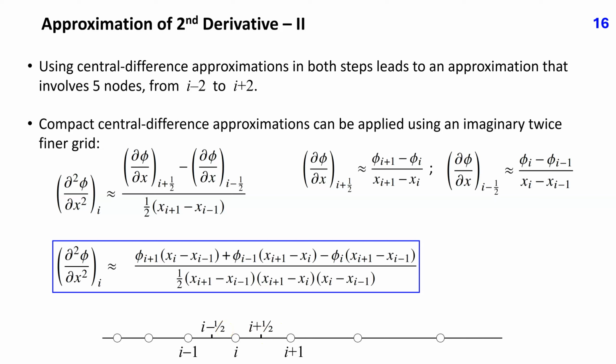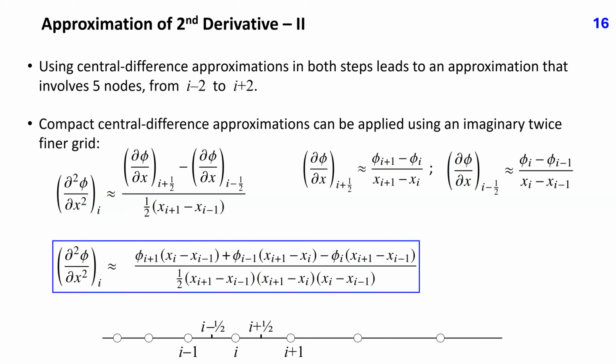In the first step, we build a central difference by using first derivatives at auxiliary nodes I plus 1/2 and I minus 1/2. In the second step, we build central difference approximations of the first derivatives at auxiliary nodes as we would do on a twice finer grid. The resulting approximation of the second derivative at node I is given by this expression.